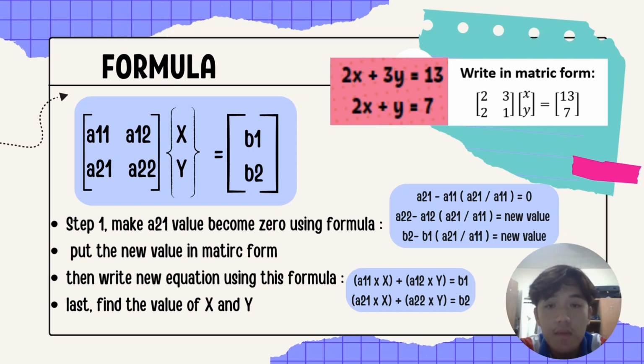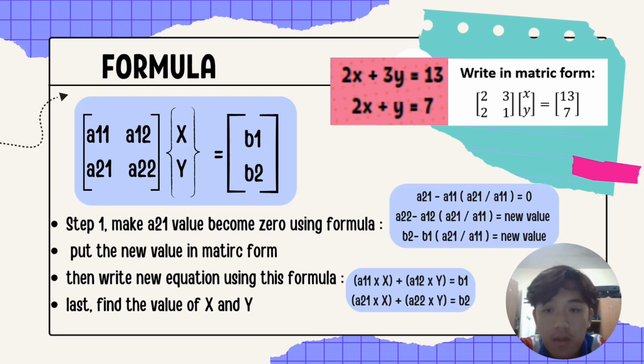To explain the formula for Gauss elimination, I will use a simple example: 2x plus 3y equals 13, the first equation, and 2x plus y equals 7, the second equation. Write these equations in matrix form. Then we can proceed to the first step, that is, make the a21 value become 0 by using this formula: a21 minus a11 times (a21 divided by a11) equals 0.